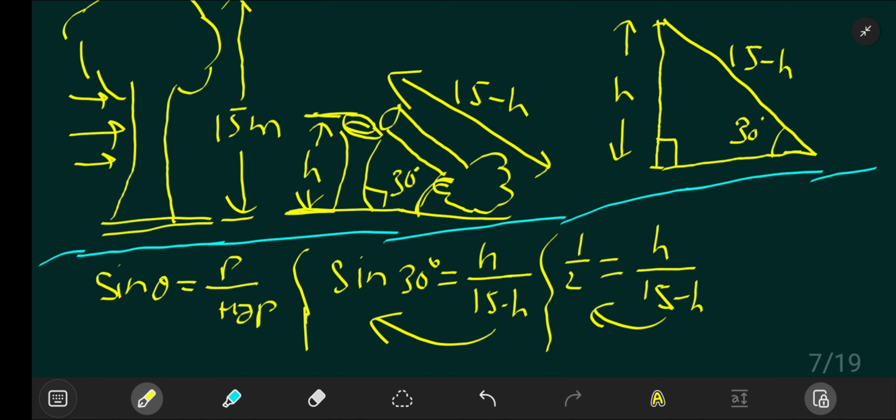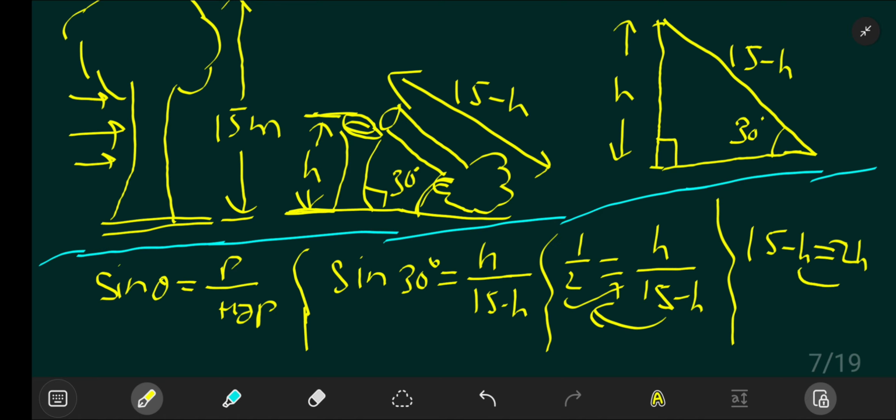Now send this 15 minus h to the left hand side and send this 2 to the right hand side, so that there is no confusion. That is, 15 minus h is equal to 2h. Send h to the left hand side. 15 is equal to 3h.